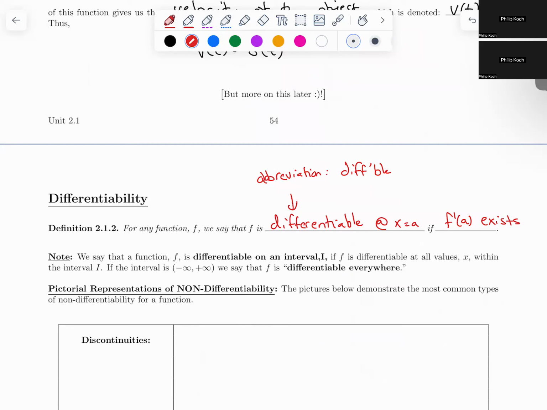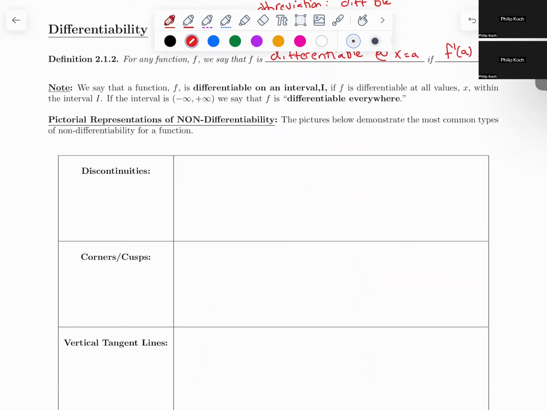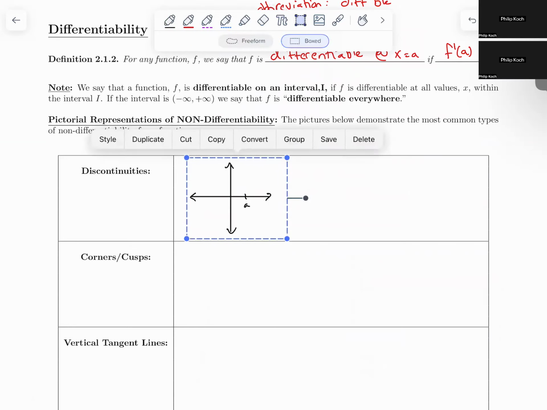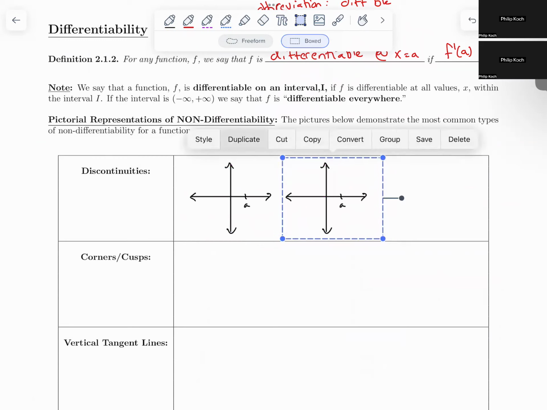So, some pictorial representations of non-differentiability. I want you to draw 3 graphs here. You don't need to worry about scaling, but mark a point A there.